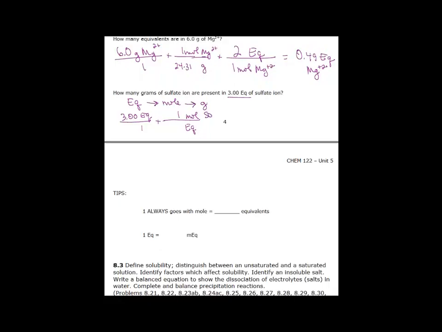So 1 mole of sulfate ion gives you 2 equivalents. So from there, I can go from moles to grams. Need to calculate the molar mass. So sulfur is 32.06, oxygen 16. So 16 times 4 plus 32.06 gives you a molar mass of 96.06 grams in 1 mole. 3 divided by 2 times 96.06 gives you 144 grams of sulfate ion.